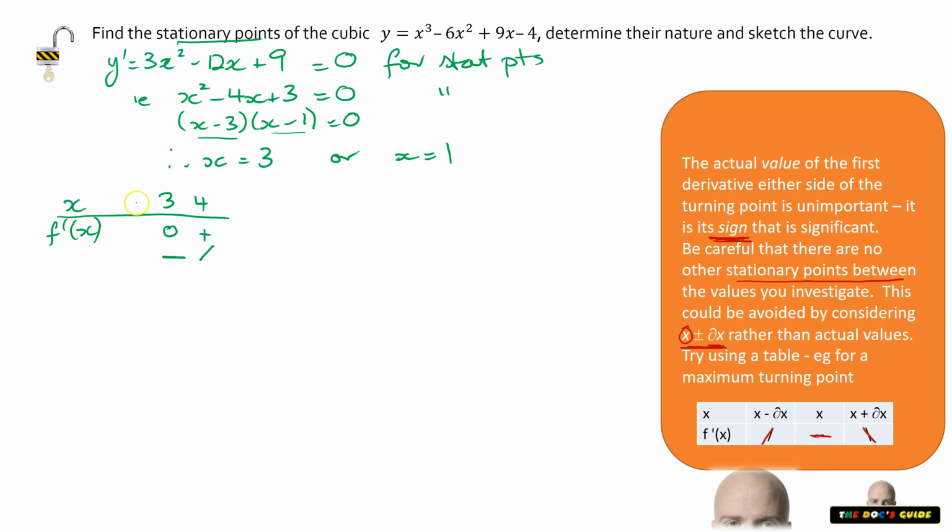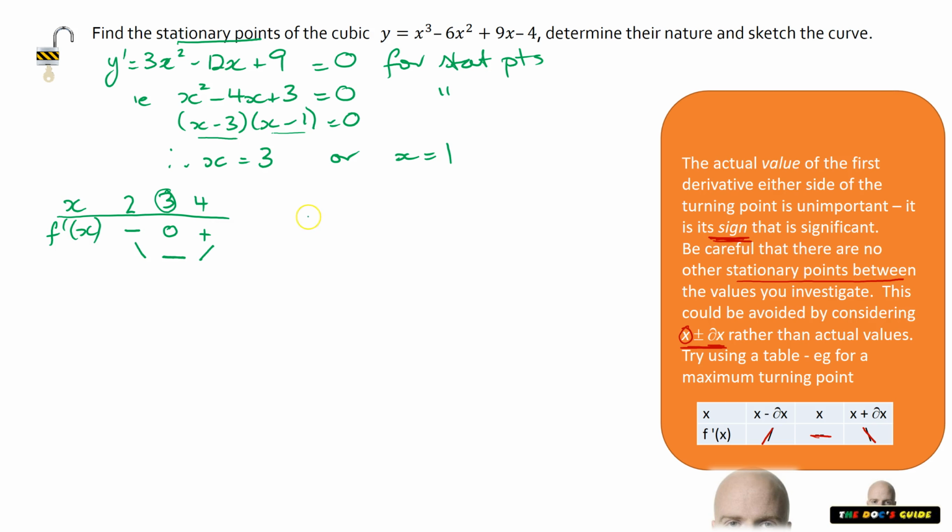Now on the other side, let's take x equals 2, so that's between the 1 and the 3, so it's at least to the left of 3. So when x equals 2, this bracket here will be a negative, this bracket will be a positive, so the product of those is a negative. So that gives us that at x equals 3, our stationary point is a minimum.